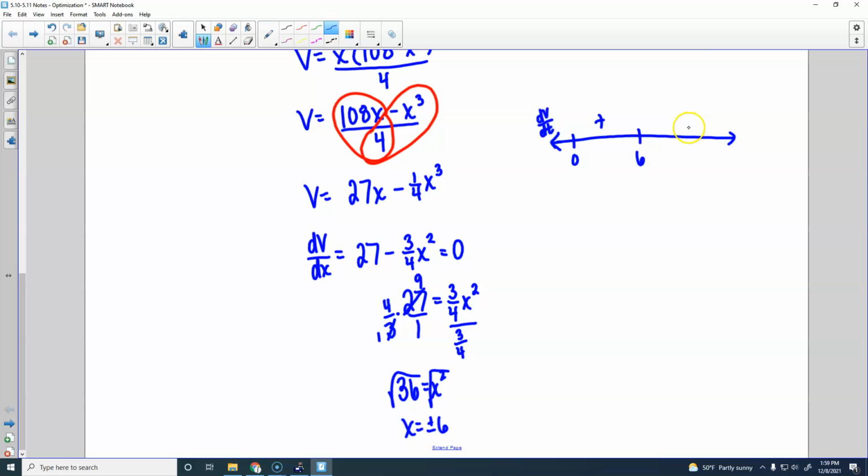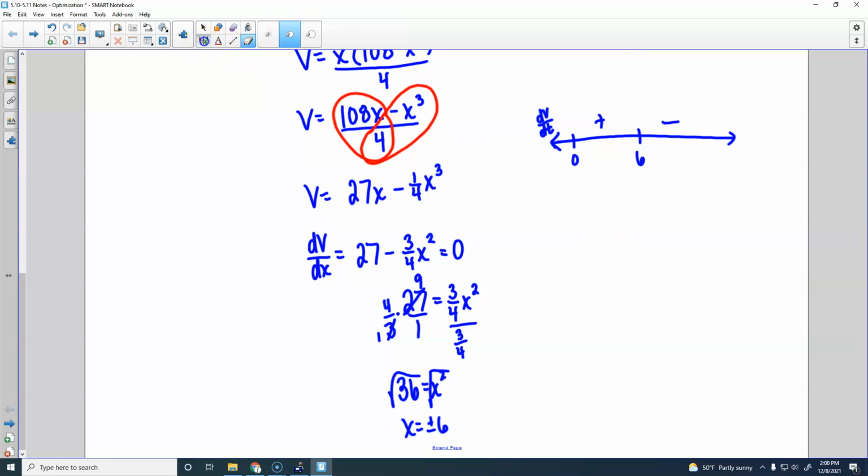Sorry, I'm plugging into the derivative. If I plug in a number bigger than 6, such as 10, I'd get 27 minus 3/4 of 100, which would be negative 48. So that'd be a negative right there.